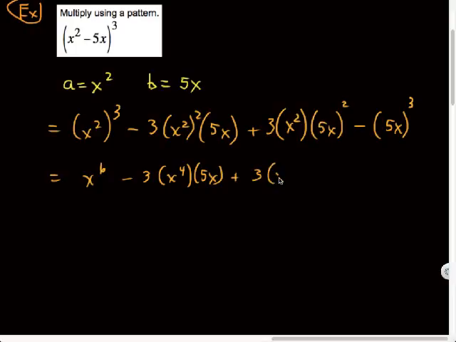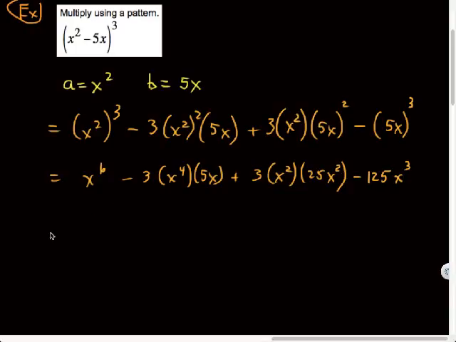Plus 3 times x squared times 5 squared, which is 25. Minus, does anyone know what 5 cubed is? 5 squared is 25, multiplied by another 5, you get 125. And x cubed is x cubed, of course.